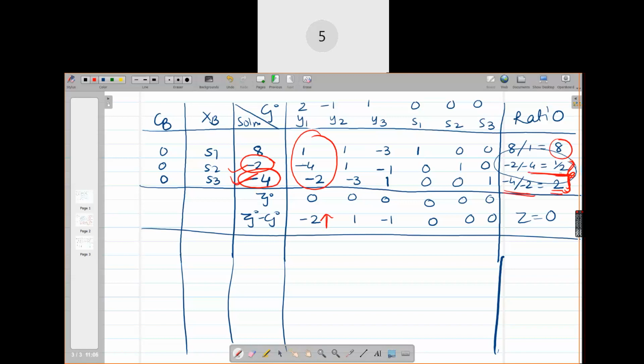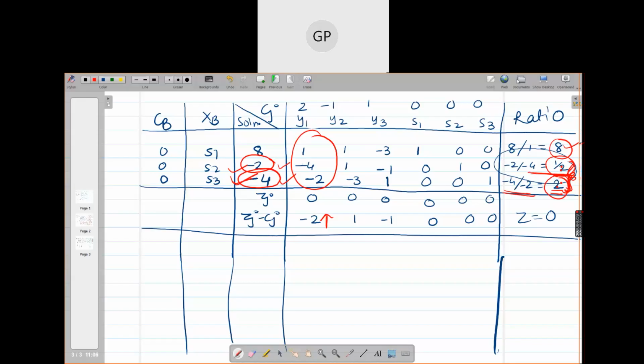Otherwise, both the ratios would have become negative. So same way, we will neglect these ratios, though they are smaller than the value 8. We will ignore them because the solutions are negative.